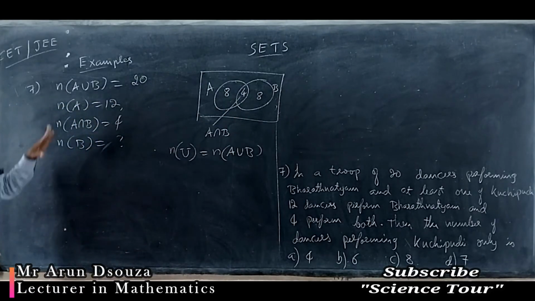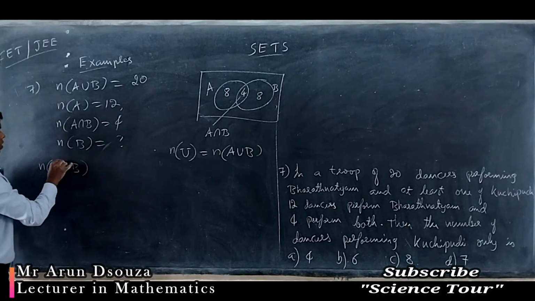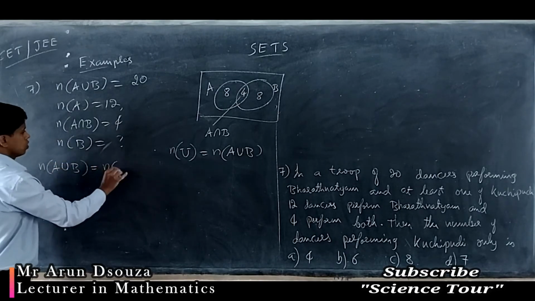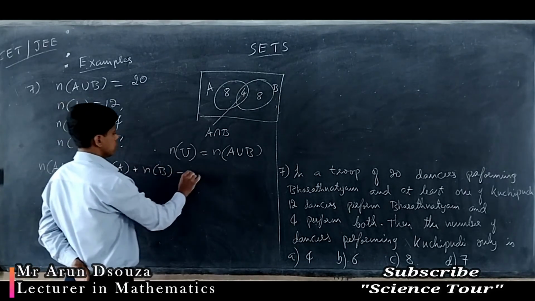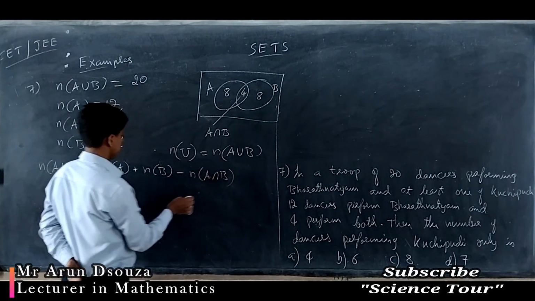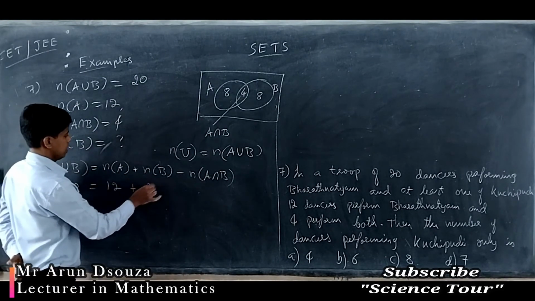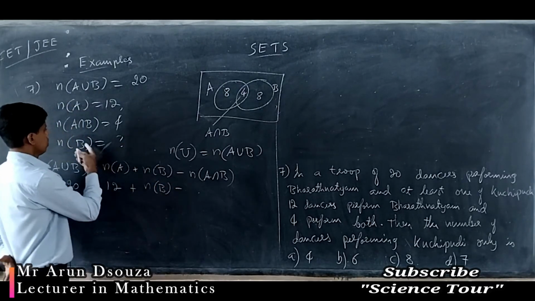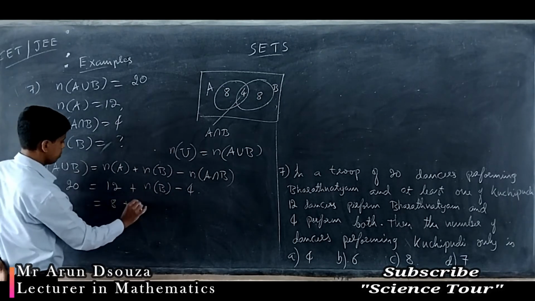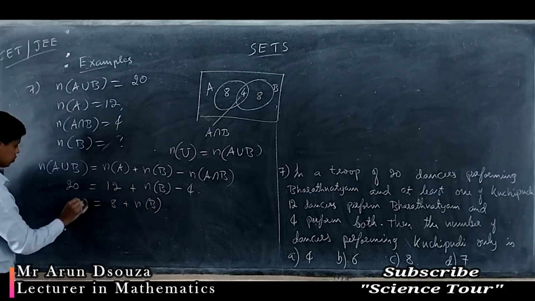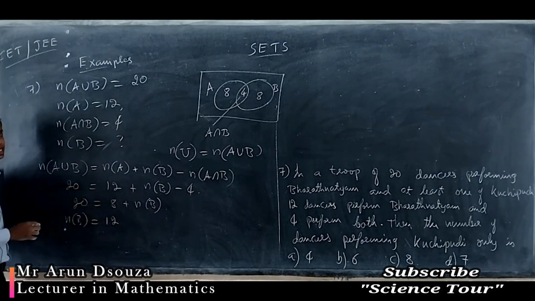Alright, so we got the answer already, but let's see how to do it using the formula. n of A union B is equal to n of A plus n of B minus n of A intersection B. This is 20, n of A is 12, n of B Kuchipudi we do not know, intersection is 4. So 12 minus 4 is 8, and this is 20. So what is n of B? n of B is 12, that is 20 minus 8.